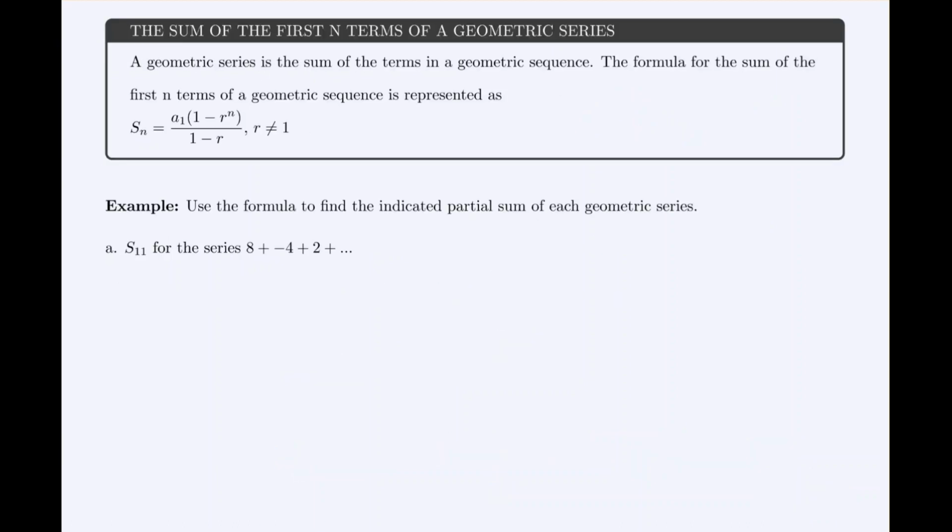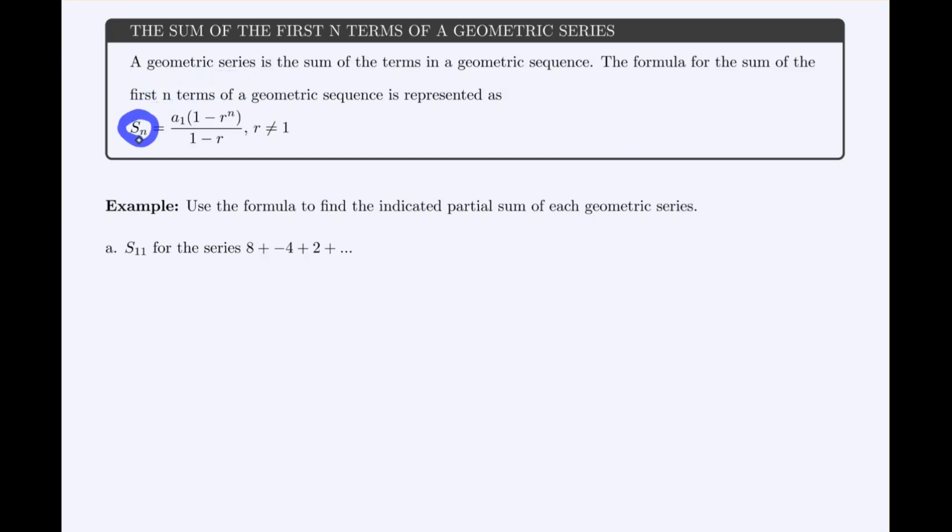Now, so far we've been talking about how to find the partial sum of arithmetic sequences, and next we're going to see how to find partial sums of geometric sequences. Now remember, geometric sequences differ by a constant multiple, and a geometric series is just the idea of adding all the terms in the sequence together. So a geometric series is the idea of summing up all the terms in the geometric sequence up to a certain point, and the formula for the first n terms is the partial sum S sub n.